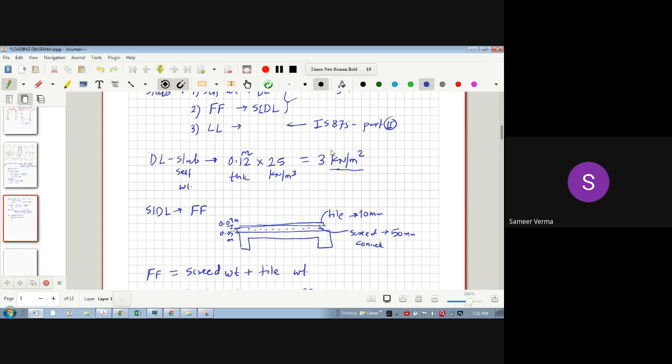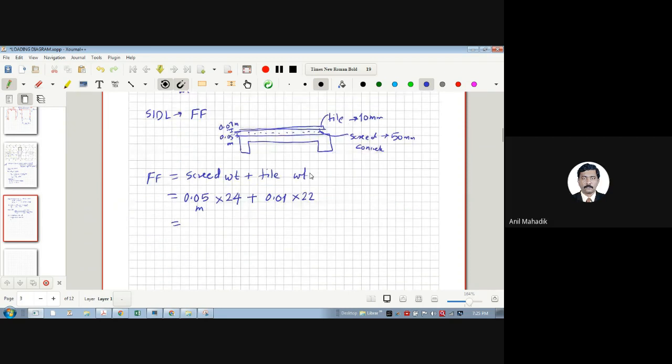Now screed weight, then you can consider. So how much will this come? This is kilonewton per meter cube. Tell me how much it will come. So total 1.42.